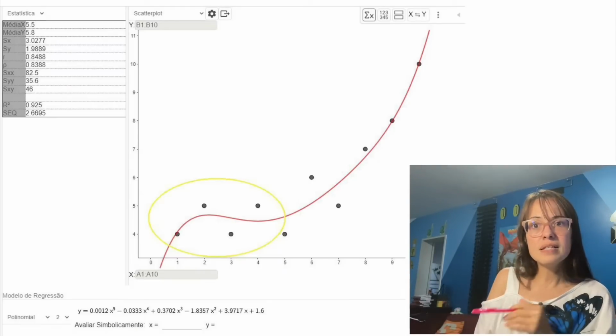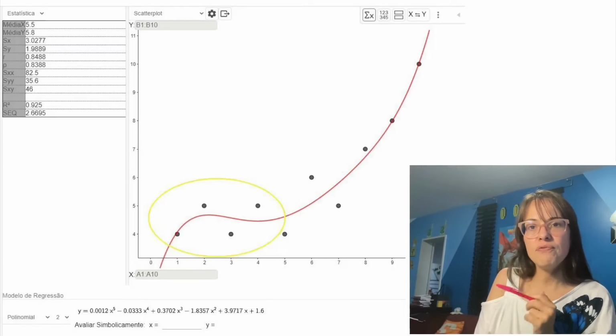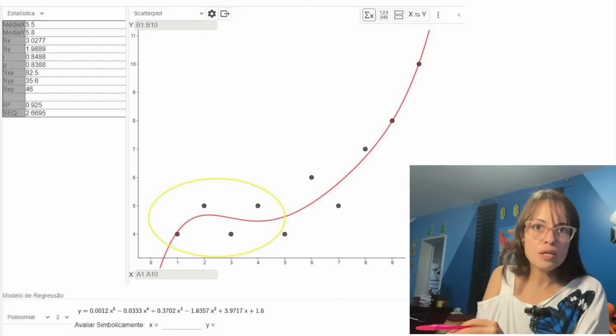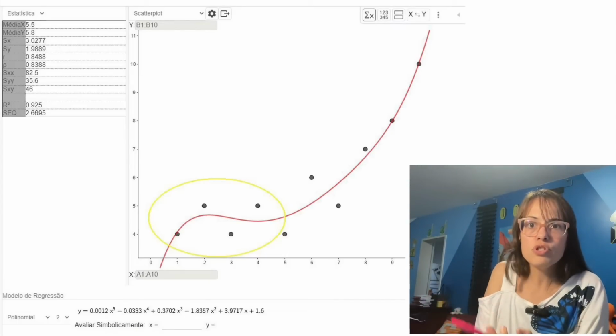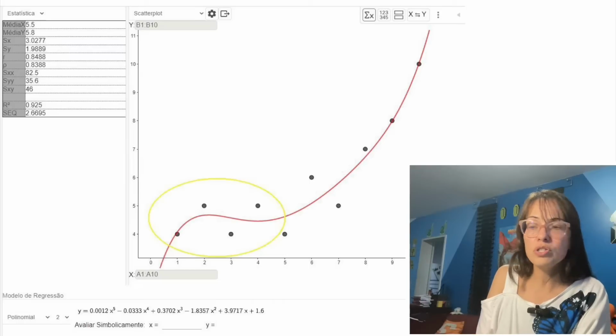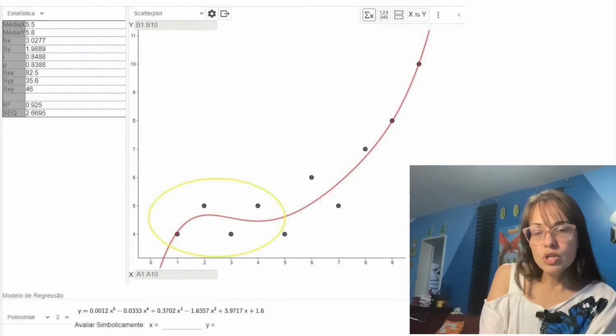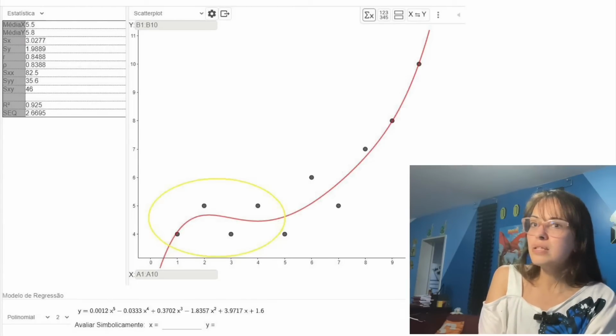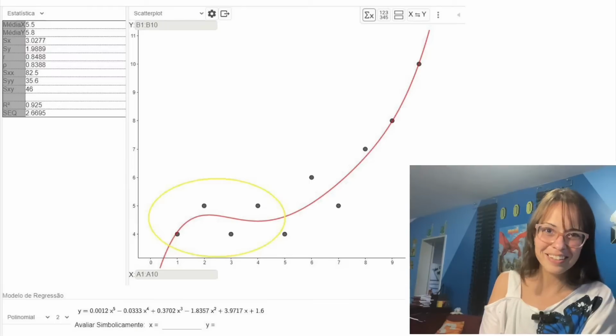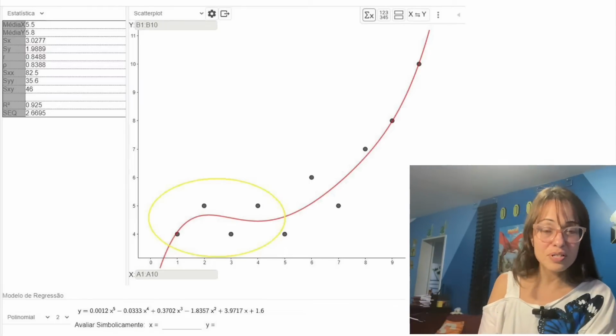That doesn't look like it should be a feature of the data points. They don't look like they're doing that. They look like they're going in a straight line. So it's kind of weird to choose a regression function that does other things on top of the things that the points are doing, right?